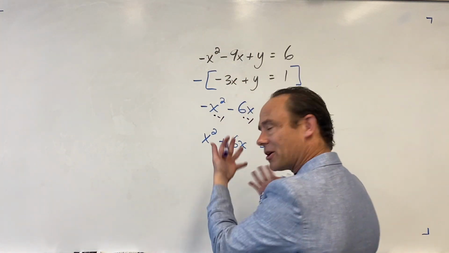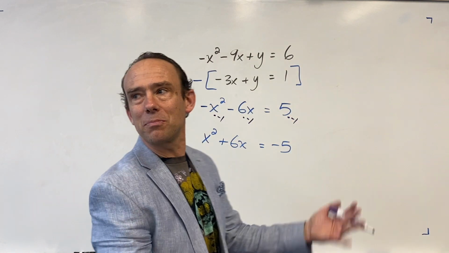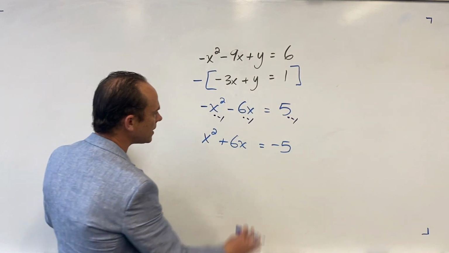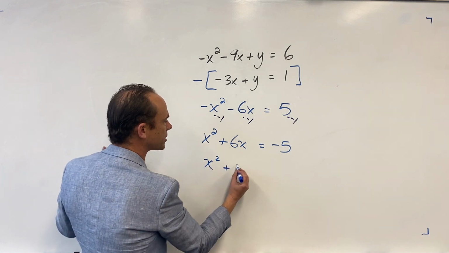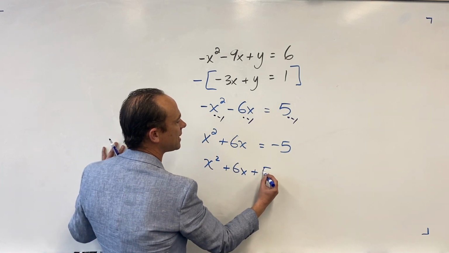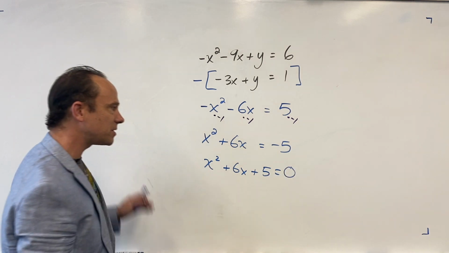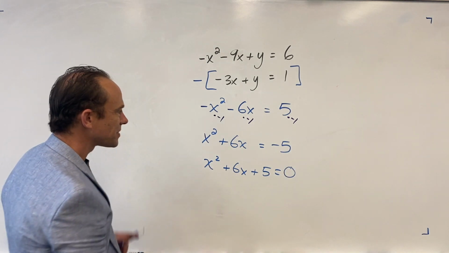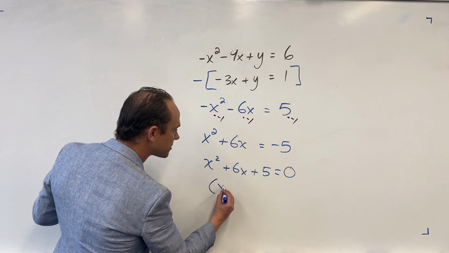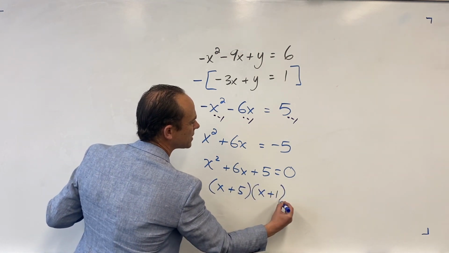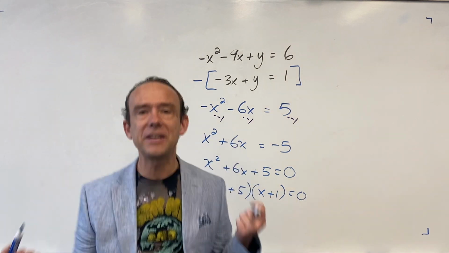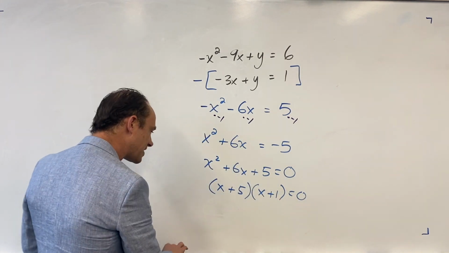You can play around with its form, make it a little bit more pleasing to you. I'm going to anticipate things being factorable, so I'm going to go plus 5 is equal to 0. Gorgeous, right? I could factor that, so I'm going to go (x plus 5)(x plus 1) is equal to 0. I'm feeling good. I'm feeling like we're almost there.